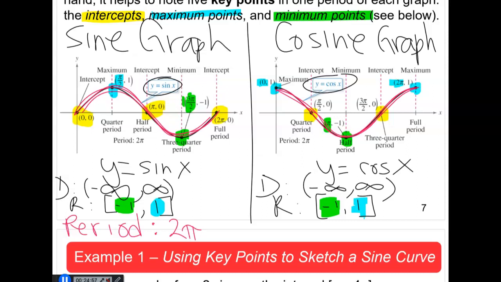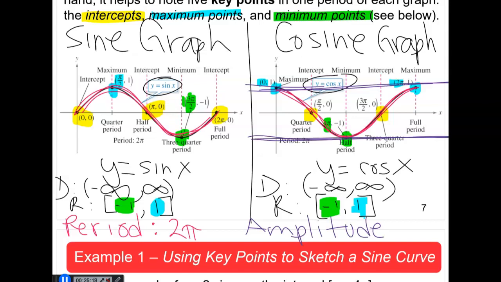Now, let's talk about another word called amplitude. And the amplitude, it's what we consider half of the distance between the minimum and the maximum.